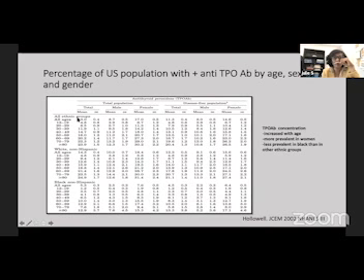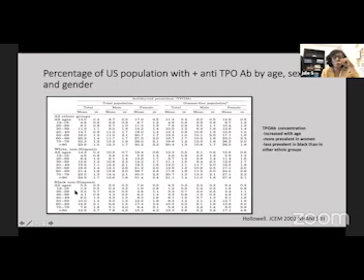In all races and ethnic groups, the titers tend to increase as age increases, similarly in females. Females have a much higher prevalence compared to males. This also holds true in the disease-free population, where females have a higher prevalence of peroxidase antibodies compared to males, and it increases with age.